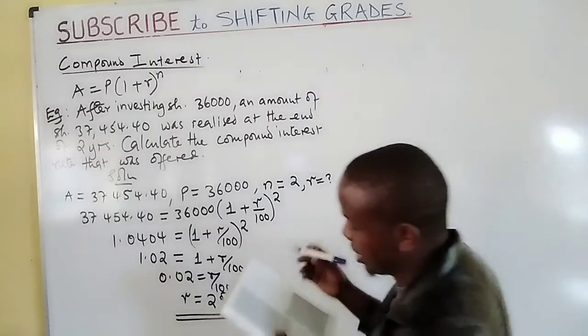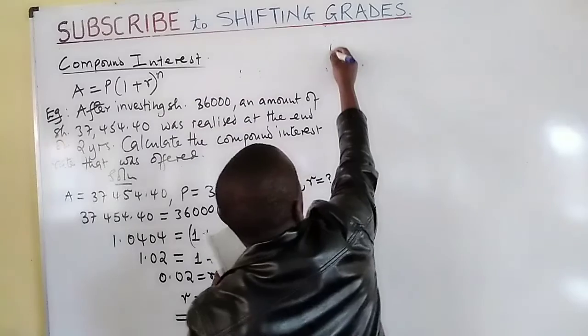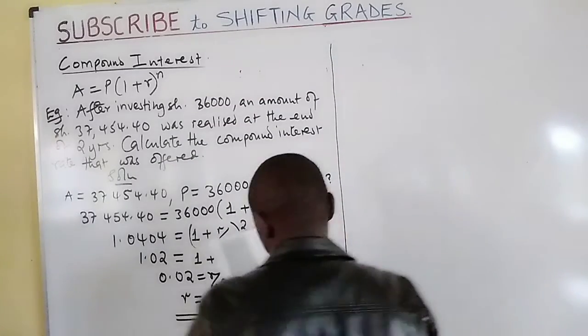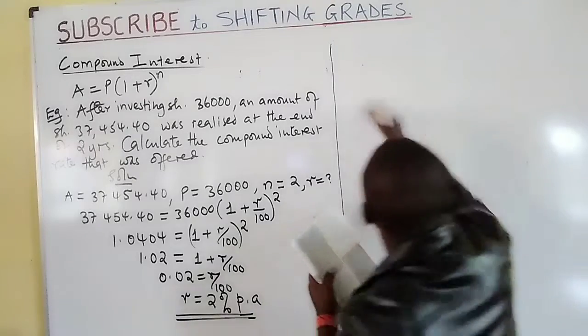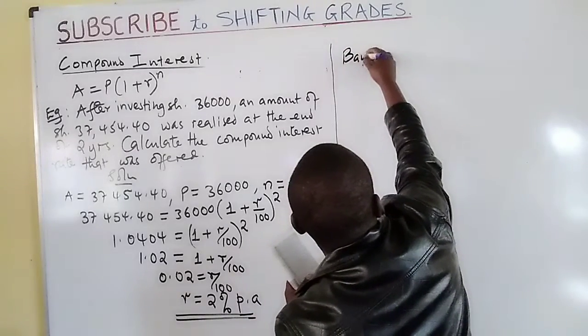Banda deposited 65,000. Banda is a human being.